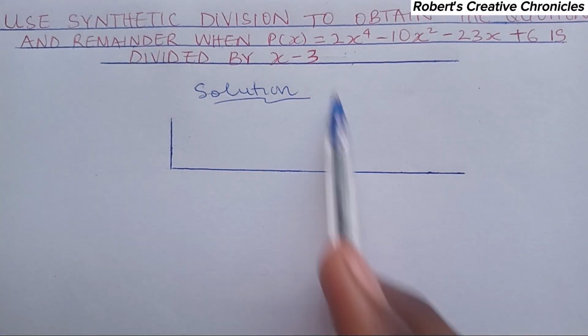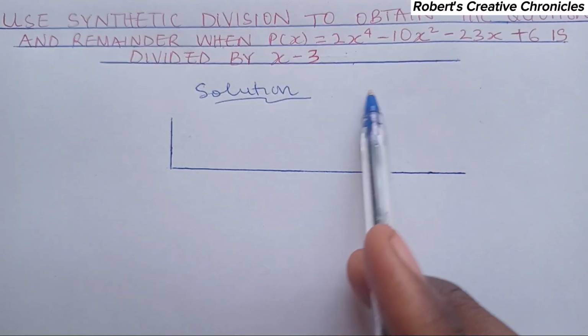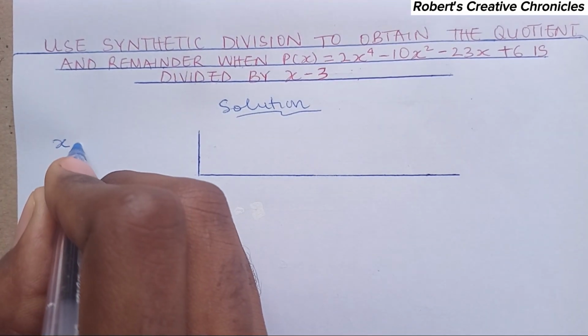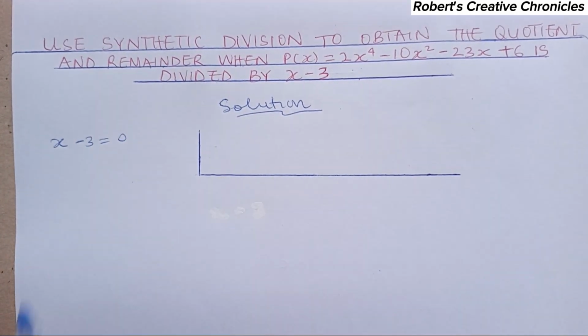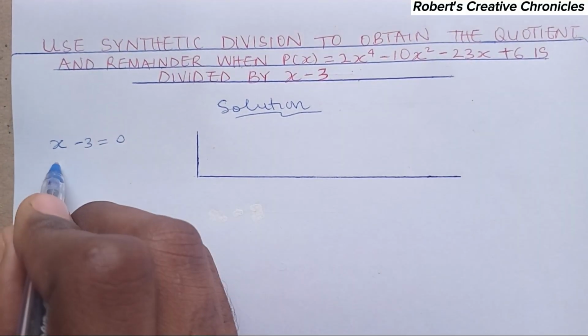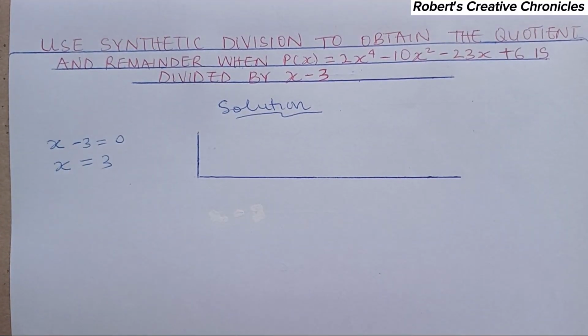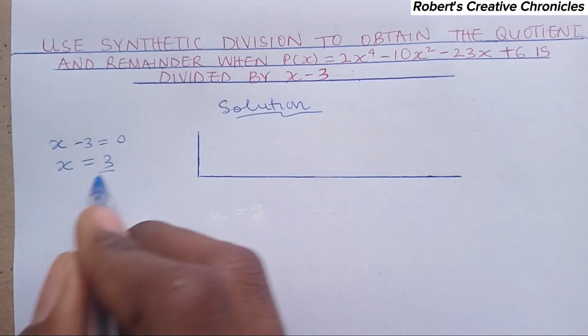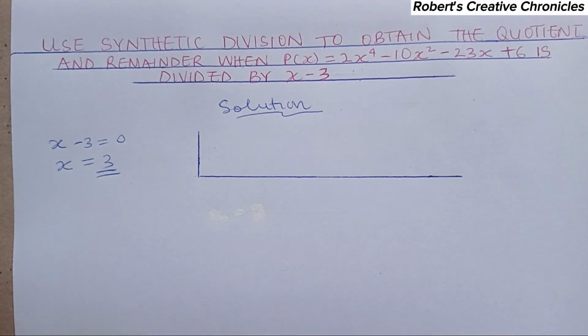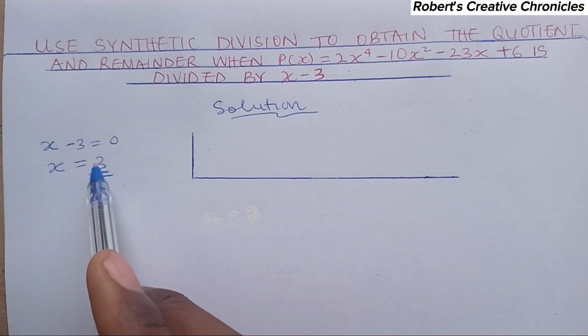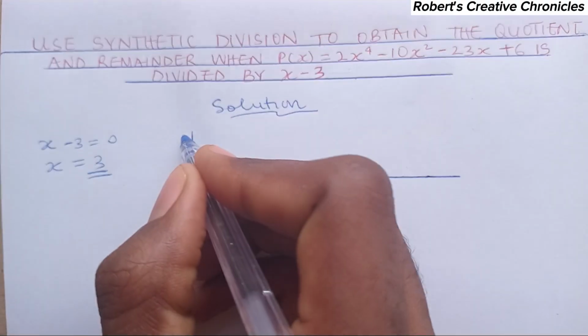Before we start, we have to equate the divisor to 0 to get the value that will be placed here. x minus 3 equals 0. Then we'll take this to the other side. x is equal to 3. So now, since we have found x is equal to 3, we will put this one here. So here will be 3.